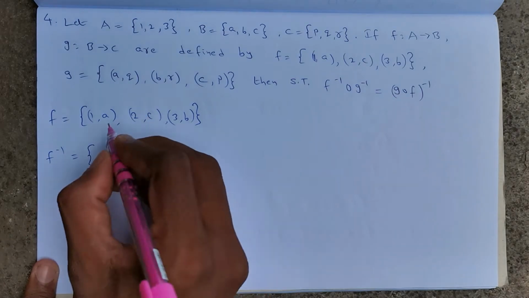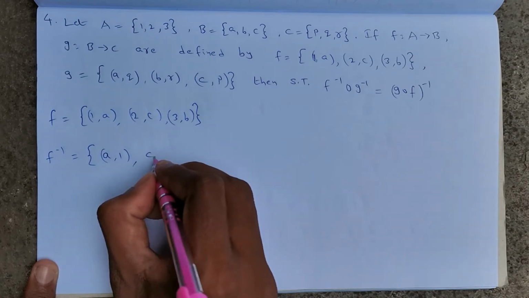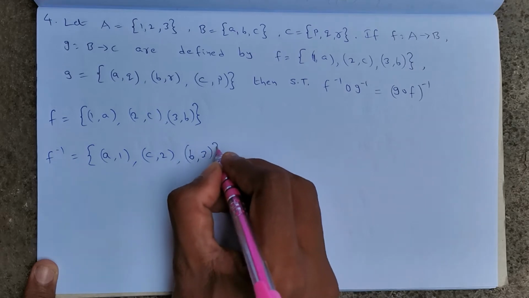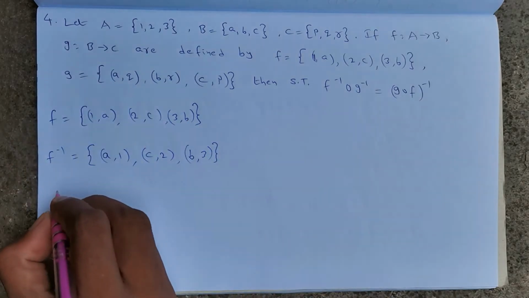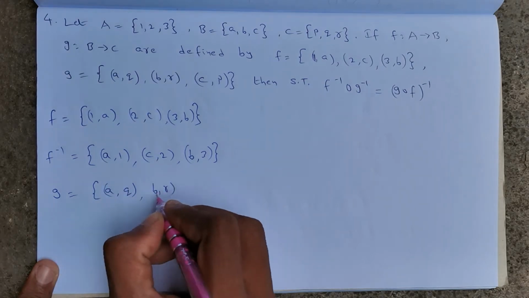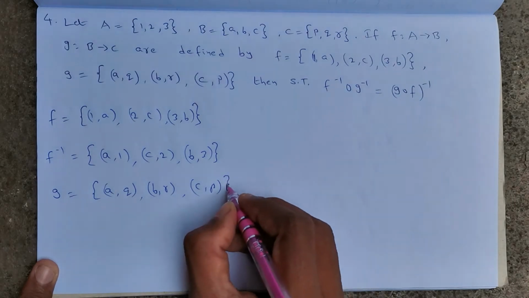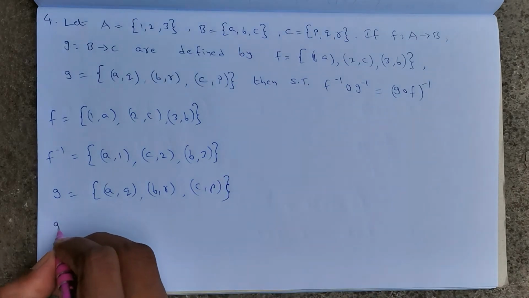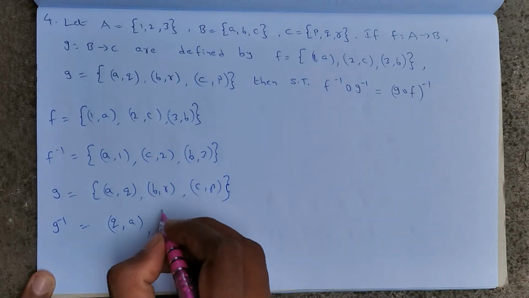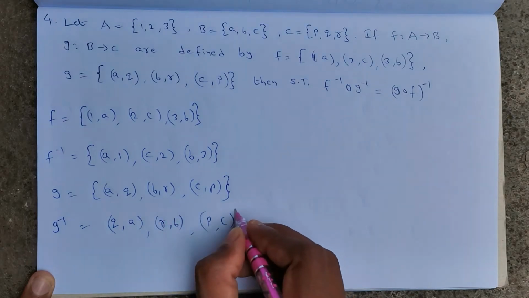So (1, a) becomes (a, 1), (2, c) becomes (c, 2), (3, b) becomes (b, 3). Next, function g is (a, q), (b, r), (c, p). So g inverse: (a, q) becomes (q, a), (b, r) becomes (r, b), (c, p) becomes (p, c).